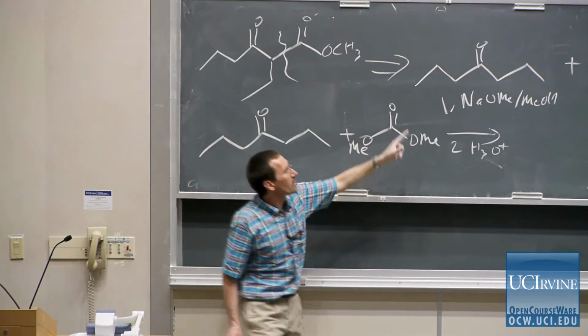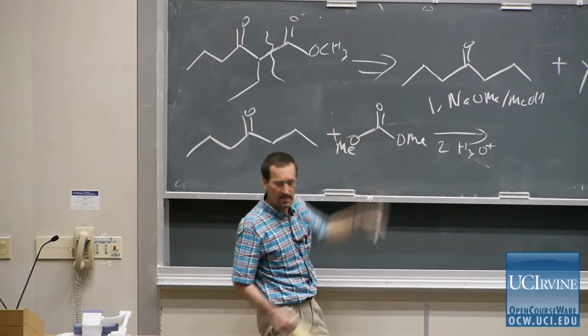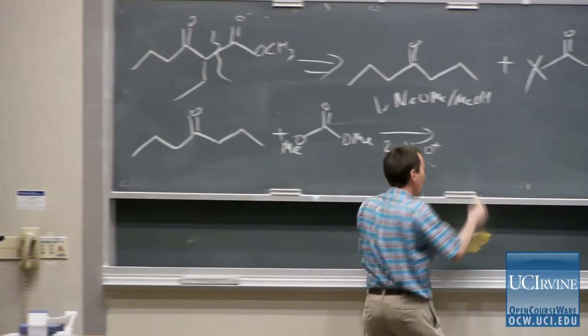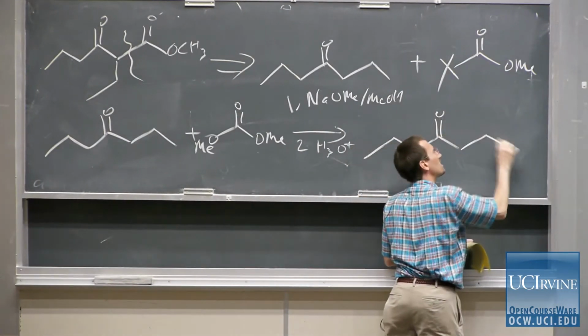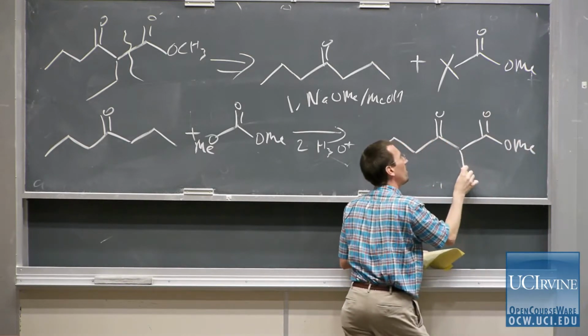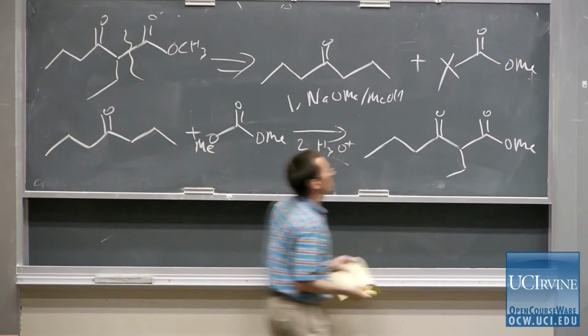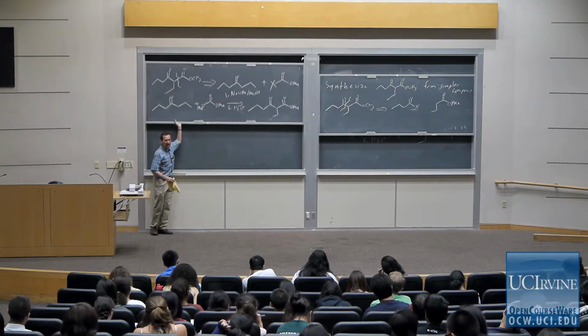Now we have a 1,3-dicarbonyl. The 1,3-dicarbonyl is more acidic. The methoxide pulls off the proton. And I've come up with a reasonable synthetic route, a reasonable alternative synthetic route to the compound that I asked the question about. And that's beautiful.